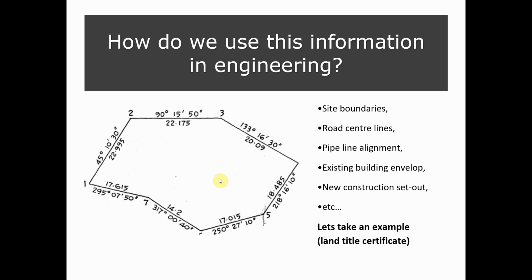Why it's important, as I showed you a minute ago, is for specifying side boundaries and the road center line. This doesn't have to be an enclosed line like the boundary lines you're seeing. It could be an open line specifying the center line of the road. That's also usually described in bearing components, and we will show these bearing values when we design our roads.